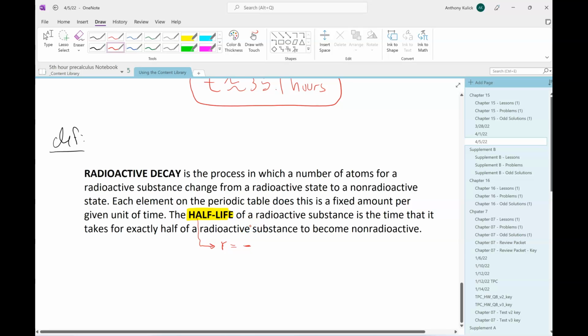We mentioned that earlier. And if we're talking about cutting in half, the R value should be, remember it's a percentage, 50%. Yes, very good. So whenever you're dealing with a half-life problem, we know the R is negative 50%.